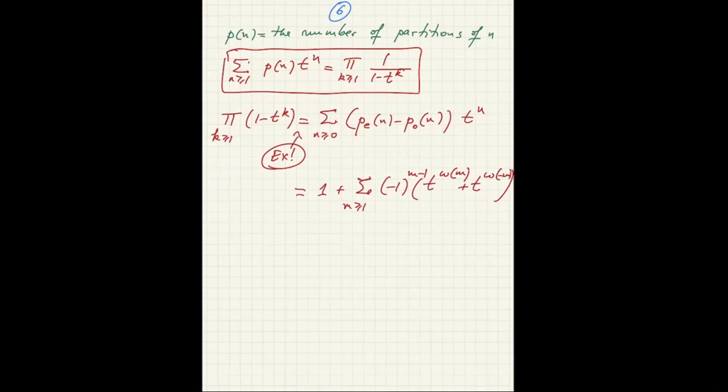Anyway, so that's this expression of this infinite product as a formal power series. All right, so that's all I wanted to say about this topic, this pentagonal numbers result. So let me move on now to talk about the topic that we started last time, Young tableaux.